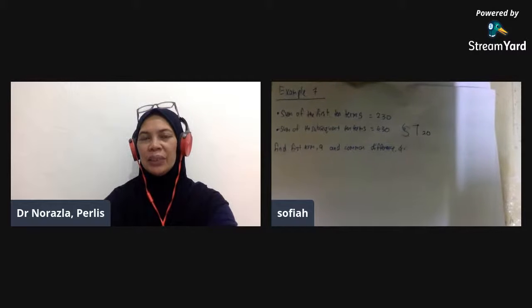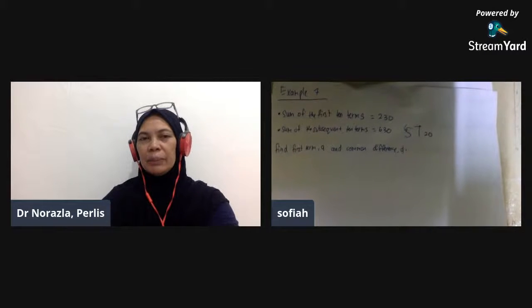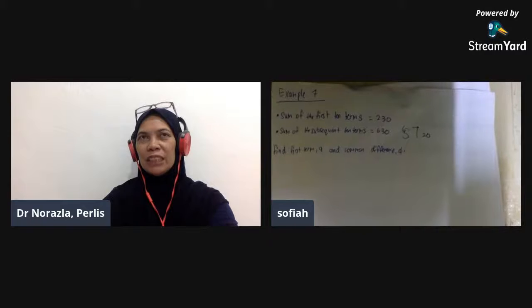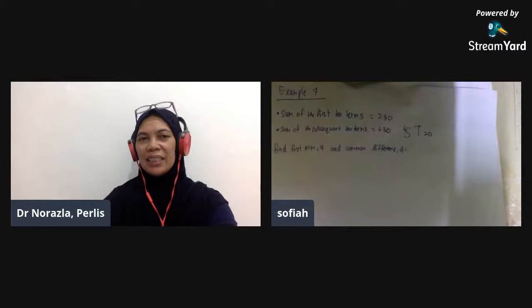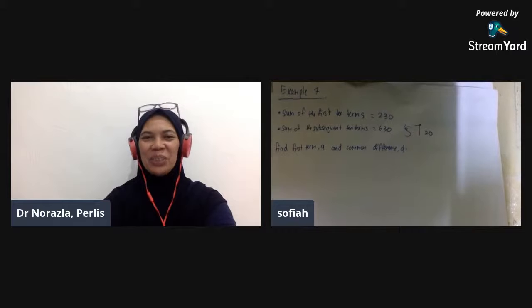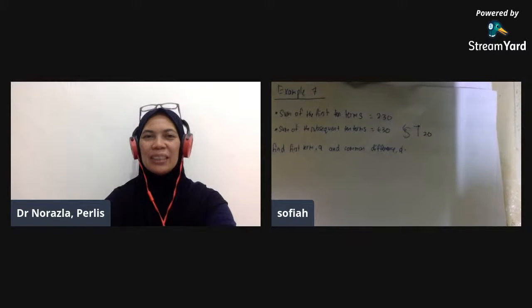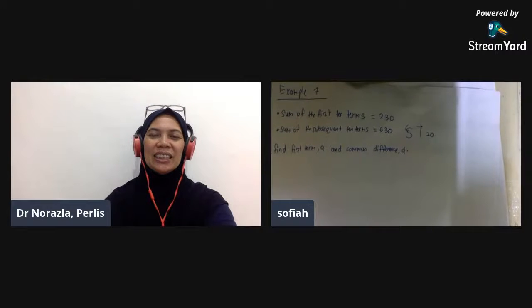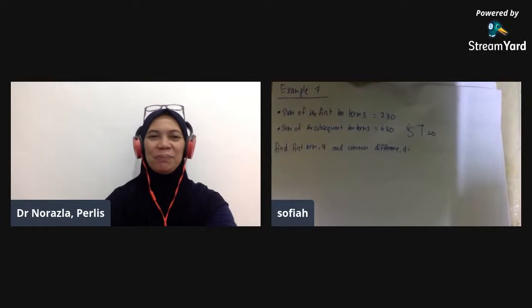So we need to add T11 plus T12 plus T13 until T20 to find the sum of the subsequent terms.